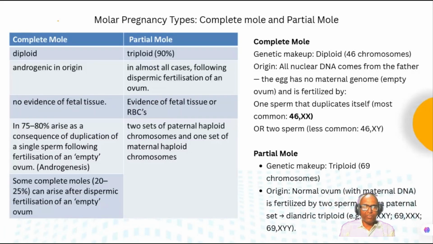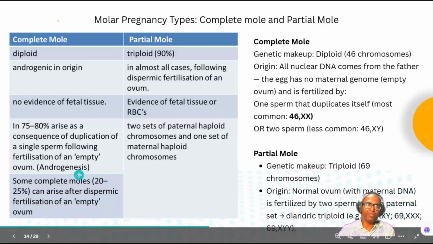an empty ovum which is fertilized by a single sperm which gets duplicated. Okay, so that happens in 75 to 80% of cases. The phenomenon is known as androgenesis, and in some cases, in 20 to 25% of cases, complete moles can arise from dispermic fertilization of an empty ovum. That means the ovum is empty and it is fertilized by two sperms, but it is less common.